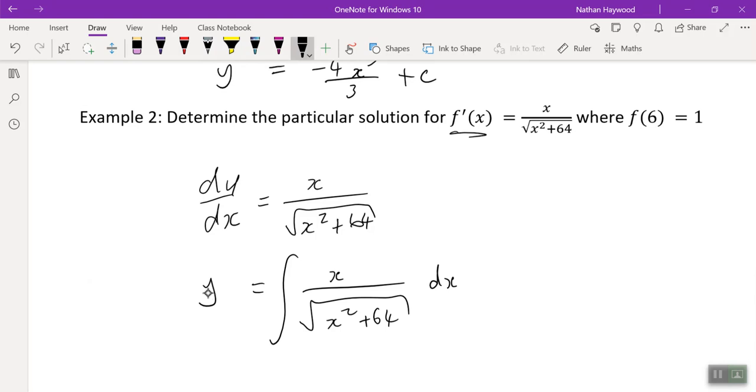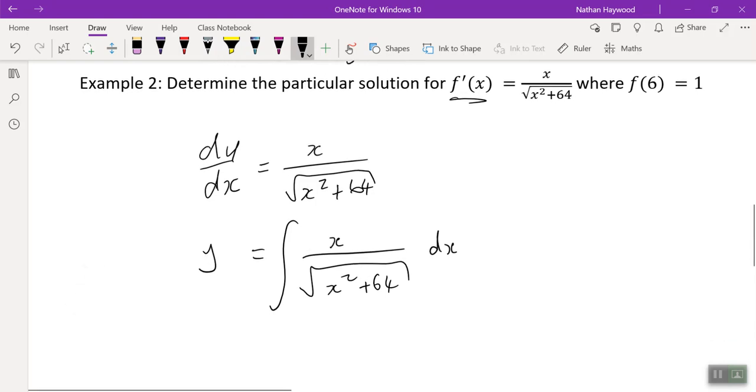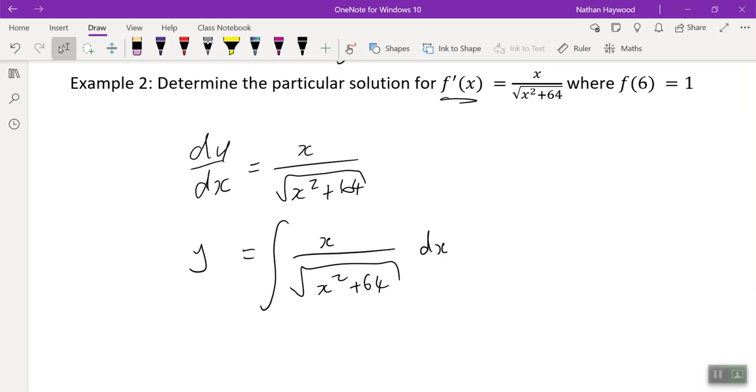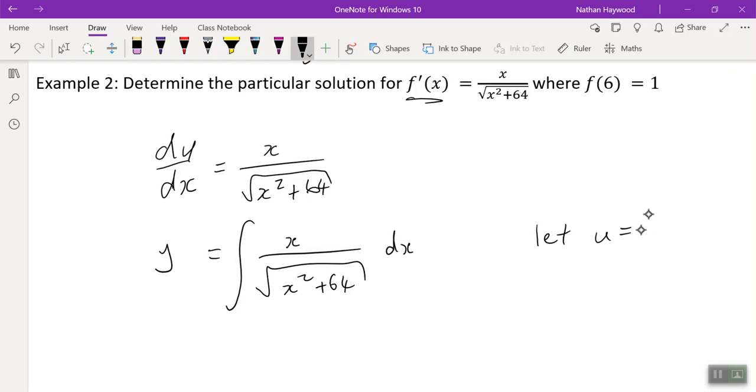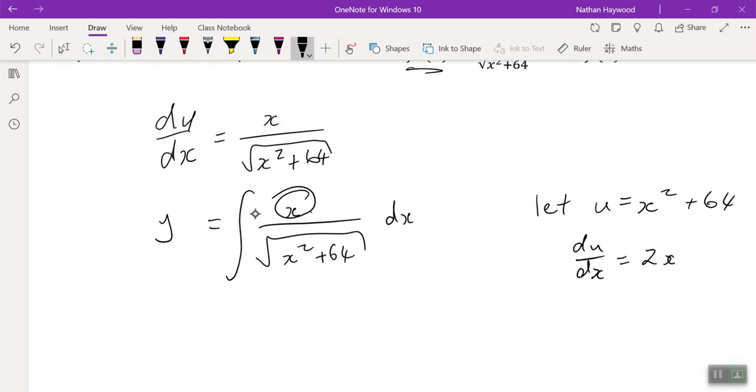dy becomes y. Anyone remember this integral? I'm going to do when the derivative is present. So I'm going to let the function inside the power, which is a half, equal to u. du dx becomes 2x, and that hence the derivative is present.